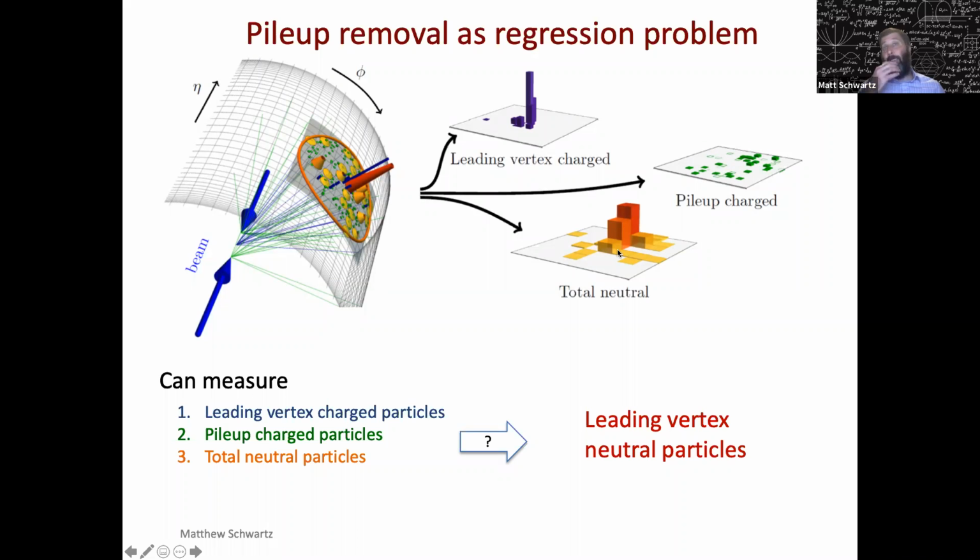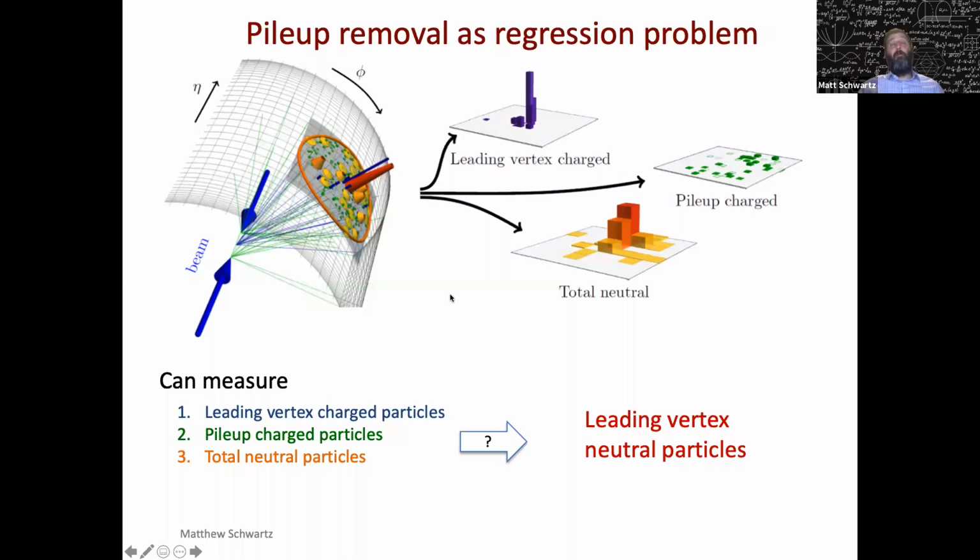I use bigger boxes here because the resolution on the neutral particle energy isn't quite as good as the pileup energy. So again, we have like a 3-colored image, and we can put that into a convnet. And then what we try to do is not distinguish signal from background, but we're trying to regress out the leading vertex neutral particles from simulations that we can train it on, given only these experimentally measurable data, right?